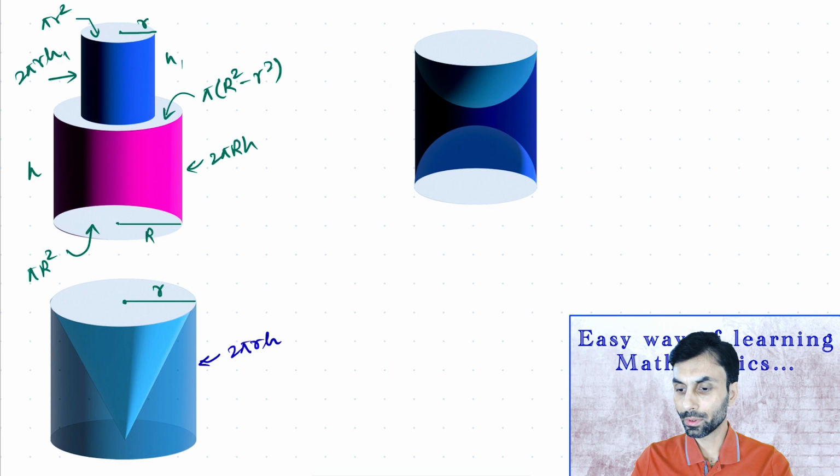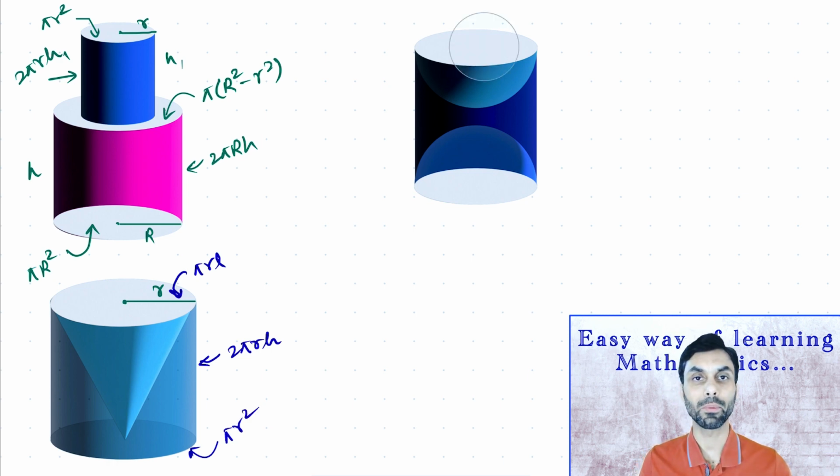The area of the conical region will be πRL, as it has been hollowed out, and we know the curved surface area of a cone is πRL. Next, the area of the base will be πr². So if you have to find the surface area of this object, we'll have to add all these areas.